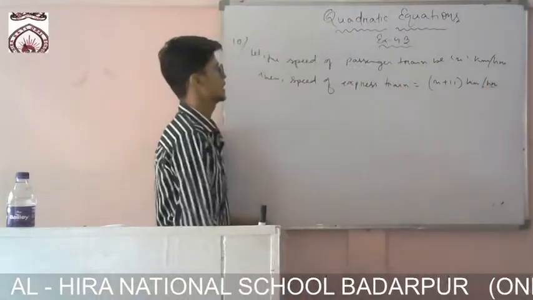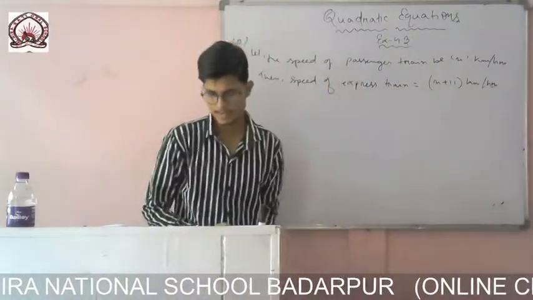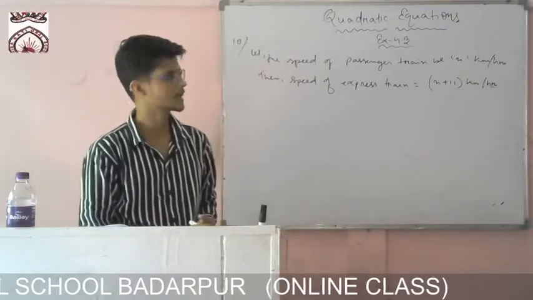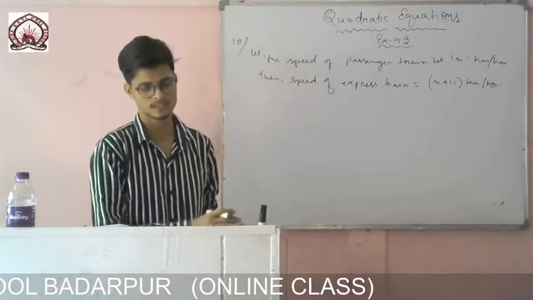So we have taken the passenger train as x, and the speed of the express train as x plus 11, because it is given in the question.